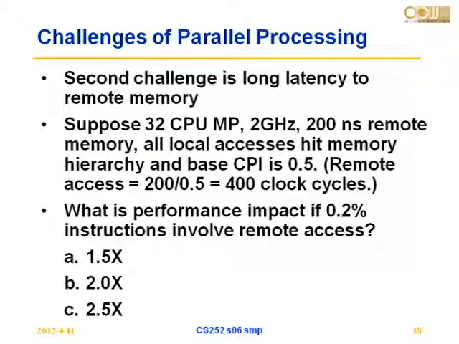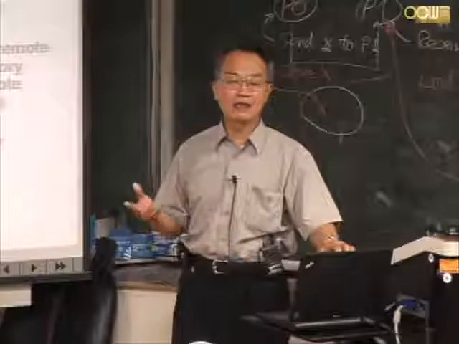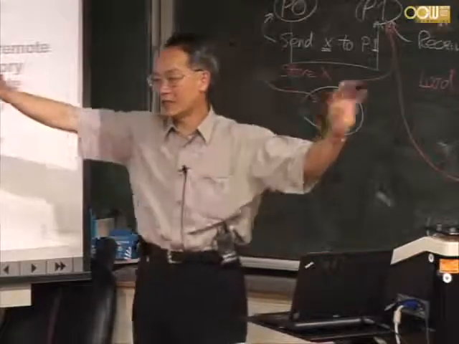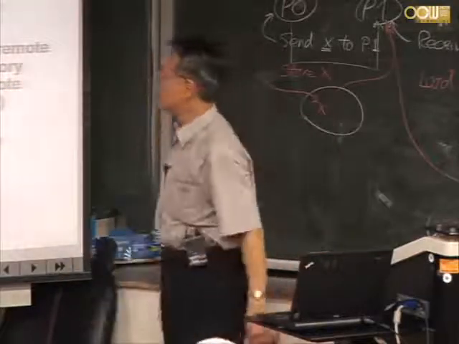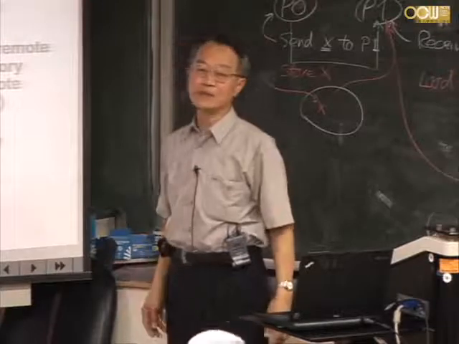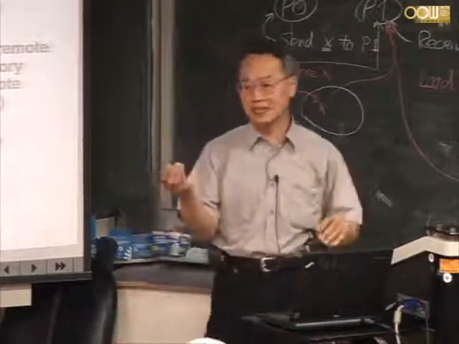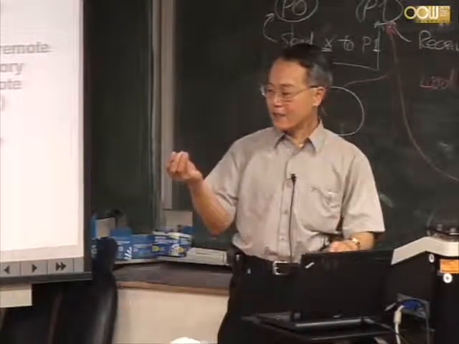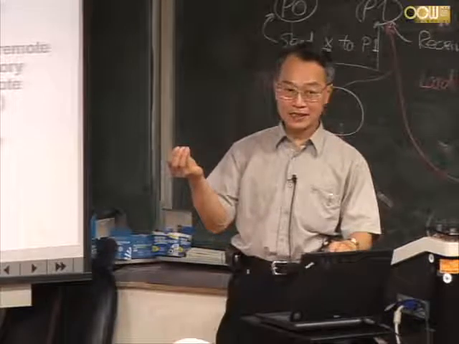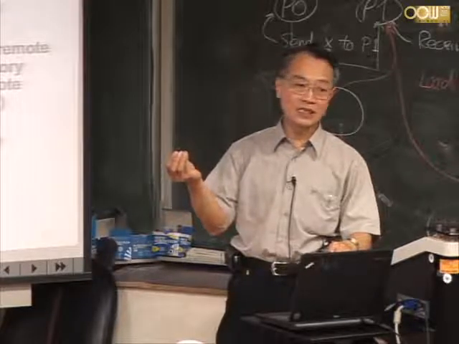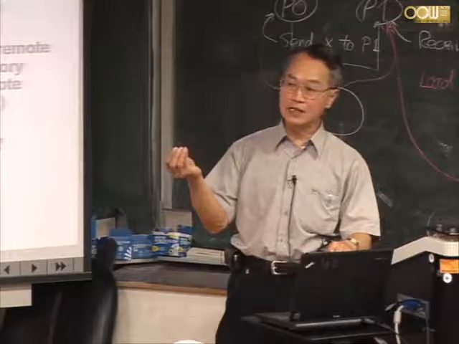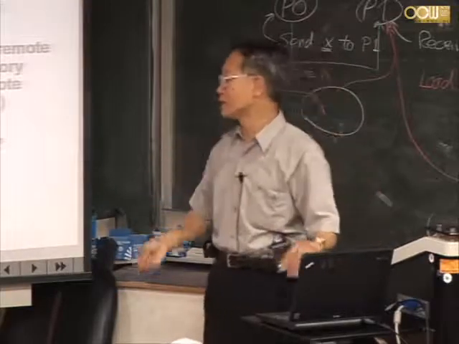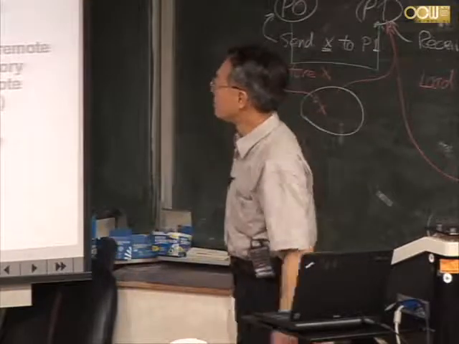The second challenge is long latency to remote memory. Now, you found parallelism and distribute work among the processors, but here comes the problem for shared data. Many processors want to access this piece of information. Some can use it locally, but the others will have to use it remotely.